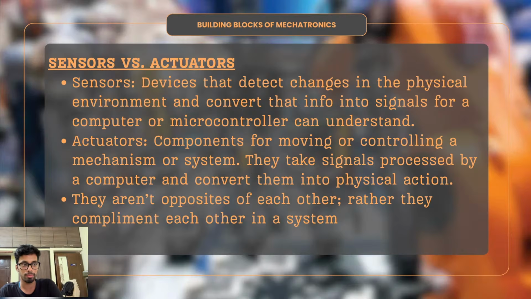Those are the best examples of actuators. You can also extend the definition to LEDs or speakers. Anything that gives an output is an actuator. Actuators help the system to act, sensors help the system to sense. The thinking part we will come to later. These two devices are not opposites of each other, rather they complement each other in the system.